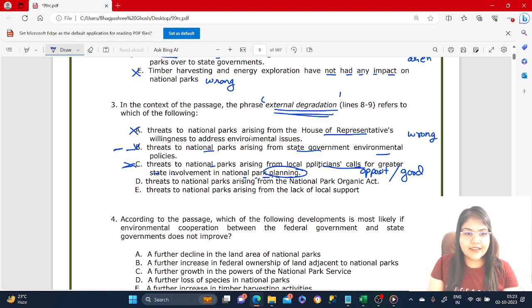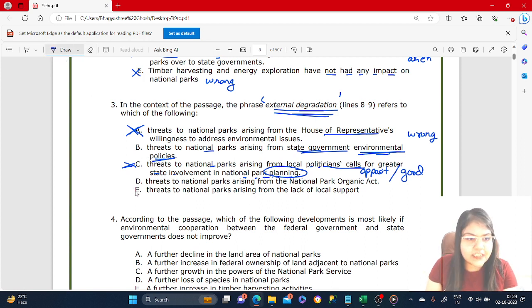If we see threat to national park arising from the House of Representatives, that is completely wrong. But once again, if I see option number B, national park threat arising from state government environmental policies, we have to reconsider B. Of course, I was saying that B is a wrong option, but the passage's external degradation may suggest B also as the answer.